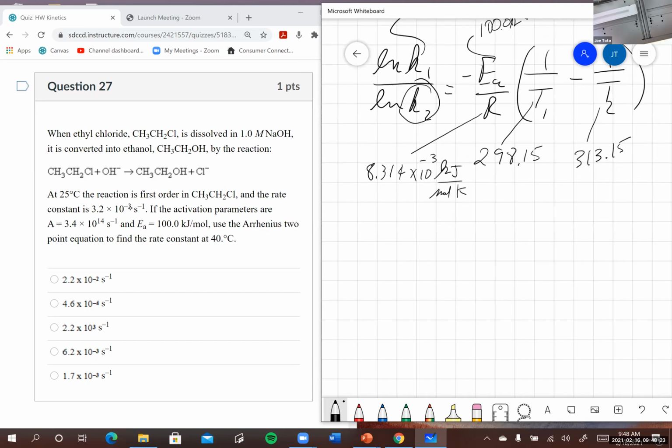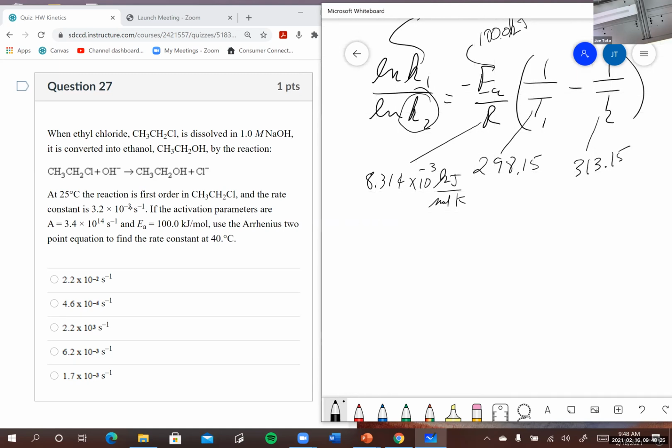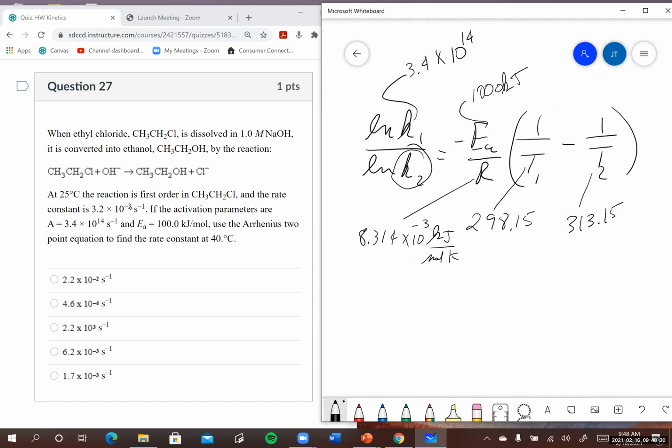Okay. Any questions so far? I did it the other way where I converted kilojoules into joules. Is that why I keep getting it incorrect? No, it doesn't matter as long as they're consistent. I could have left the R as 8.314 and done 100 times 10 to the 3.